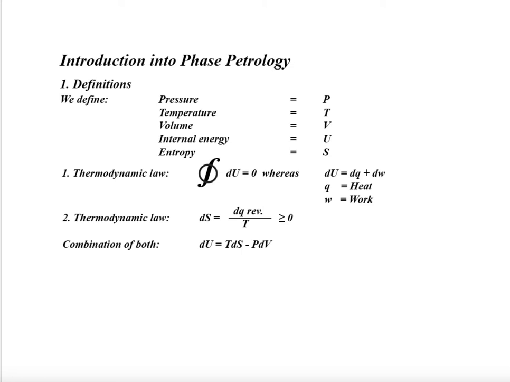Most or all of the processes on Earth are pressure and temperature controlled. And if we have a temperature dependent process as well as a pressure dependent process, then we are always facing changes in the volume as well, of course.